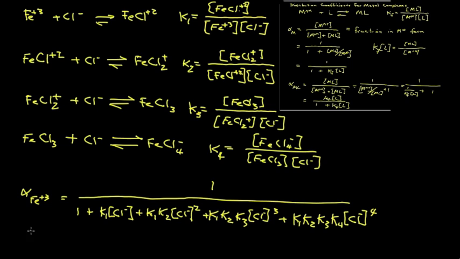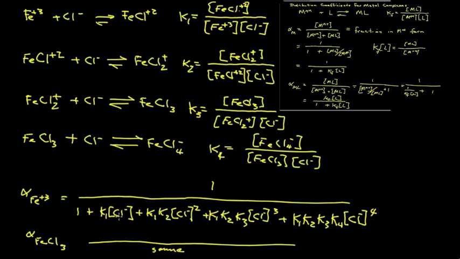Likewise, if we want the form for the iron in, say, the Cl3 form, it would be the same denominator. And this one has 3 chlorides on it. It's 1, 2, 3, fourth member in the family.